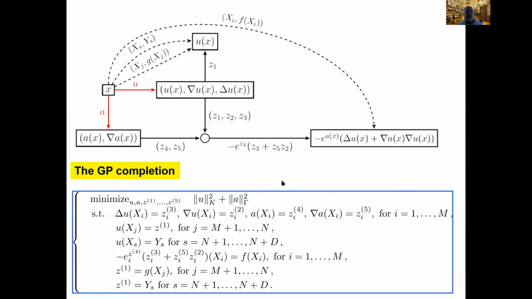And as mentioned before, for the practical implementation of this method, you need to introduce the intermediate variables Z appearing in the graph as slack optimization variables in the variational formulation of the MAP estimation of U and A.